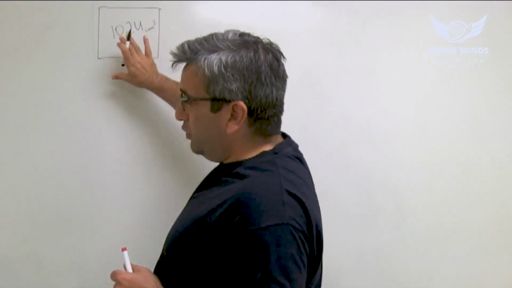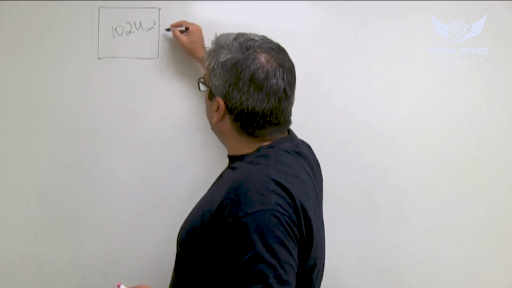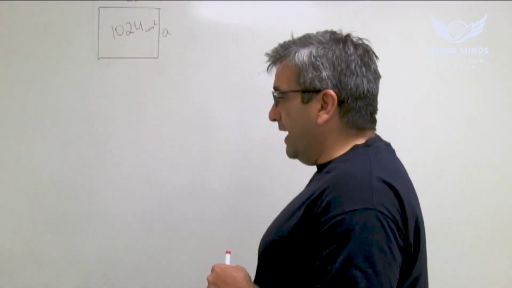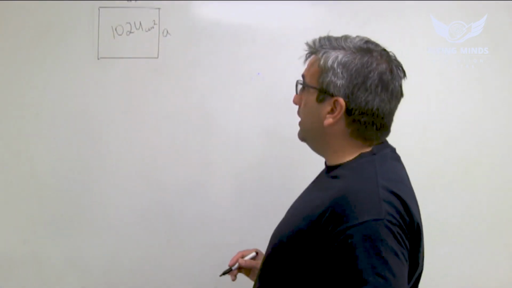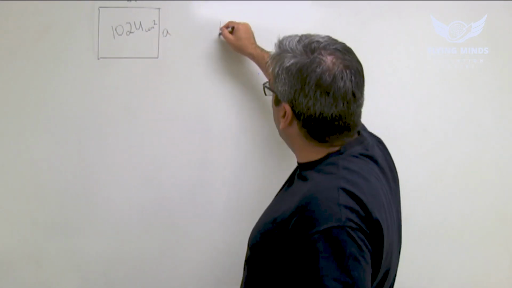We want to show that this is indeed a square. If it's a square, it means it has all sides of equal length. Now we need to show it. How do we do it? Prime factorization.